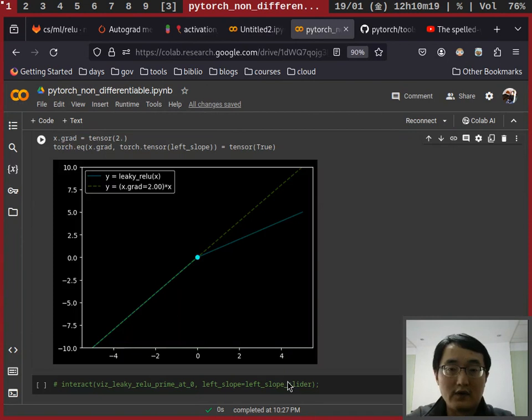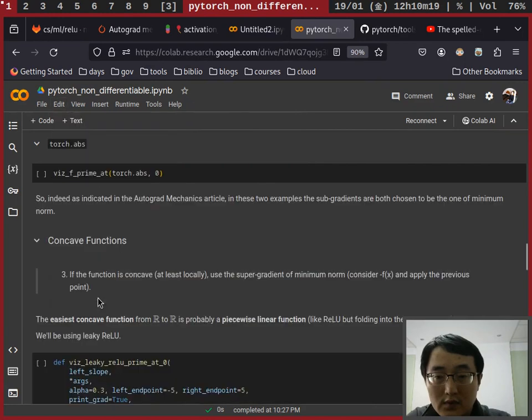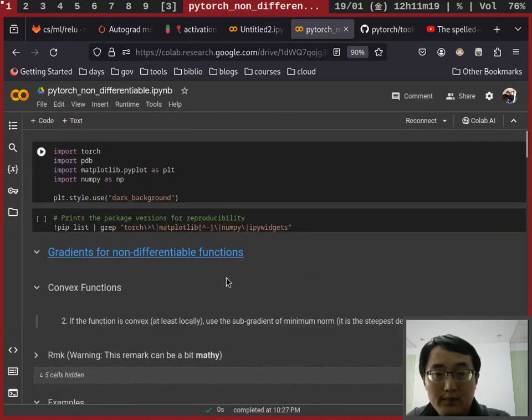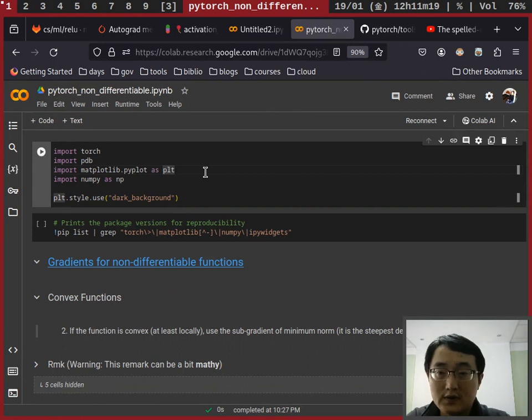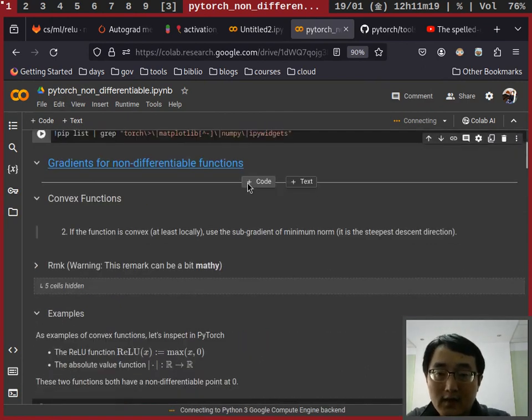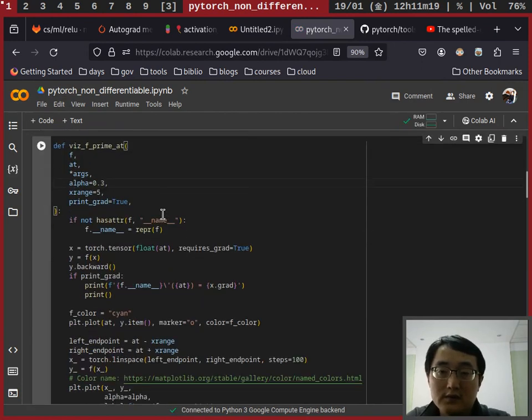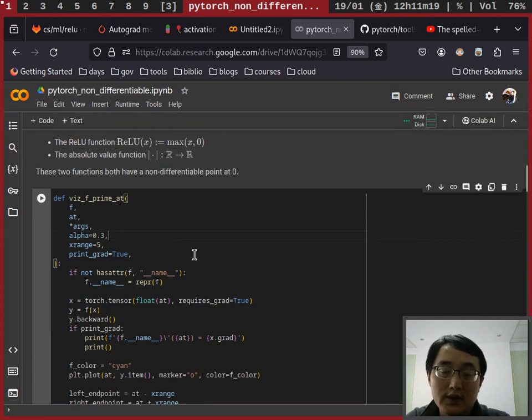Actually, I have written a better notebook to visualize this. So let's import the packages that we need. This function is a helper function to help me plot when we input a function f and a point at which we differentiate.